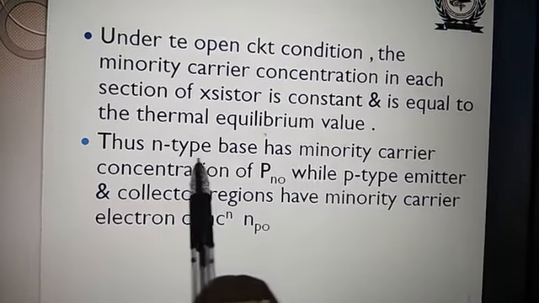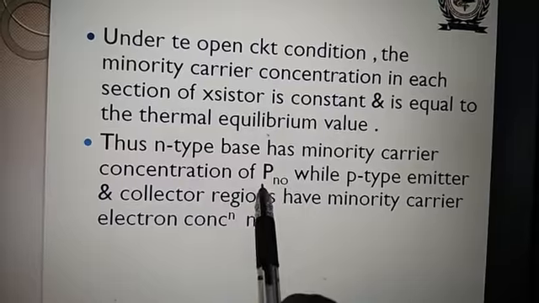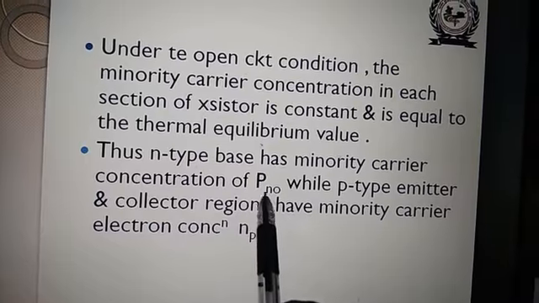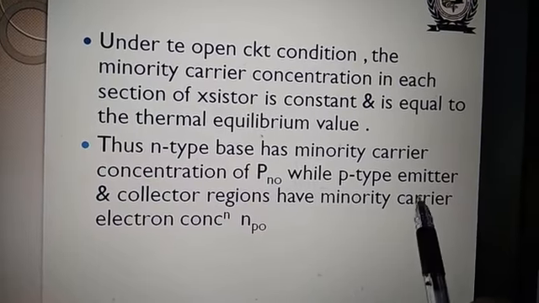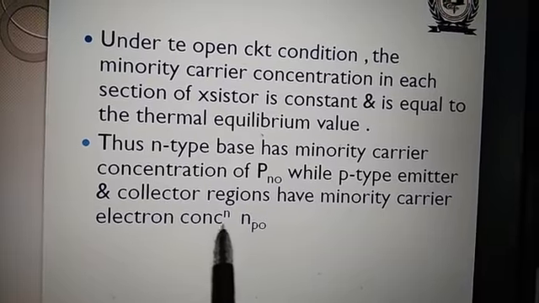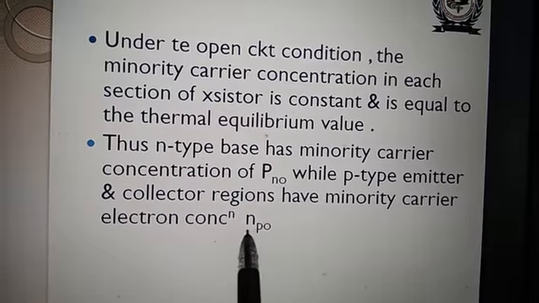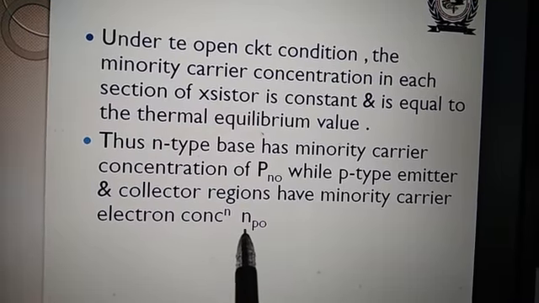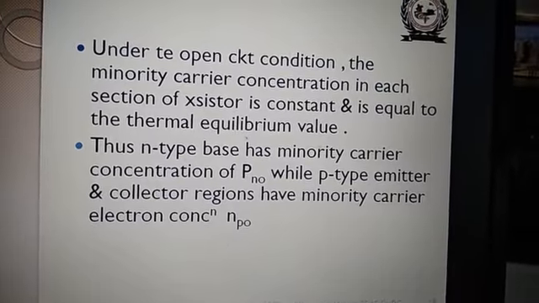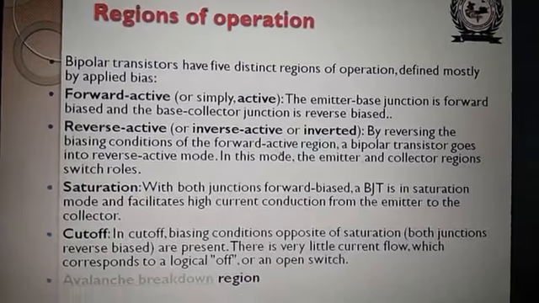The N-type base has positively charged holes as minority carriers, and this is PNO, while the P-type emitter and collector regions have electrons as minority charge carriers. This is NPO, the minority carrier concentration.